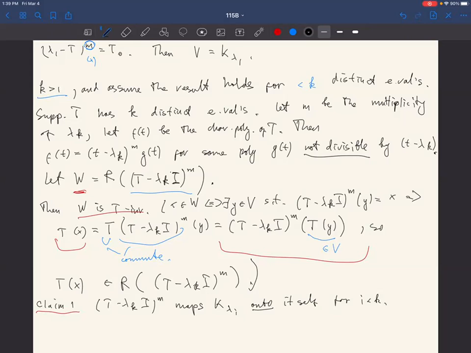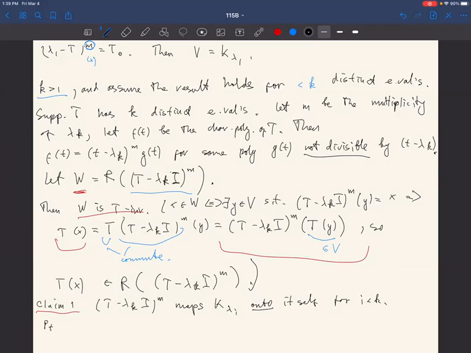So if I look at any of the generalized eigenspaces K_λi, and I take the image or the range of the operator applied to that subspace, we get all of that subspace back from this. We get all of K_λi. So let's check this claim.